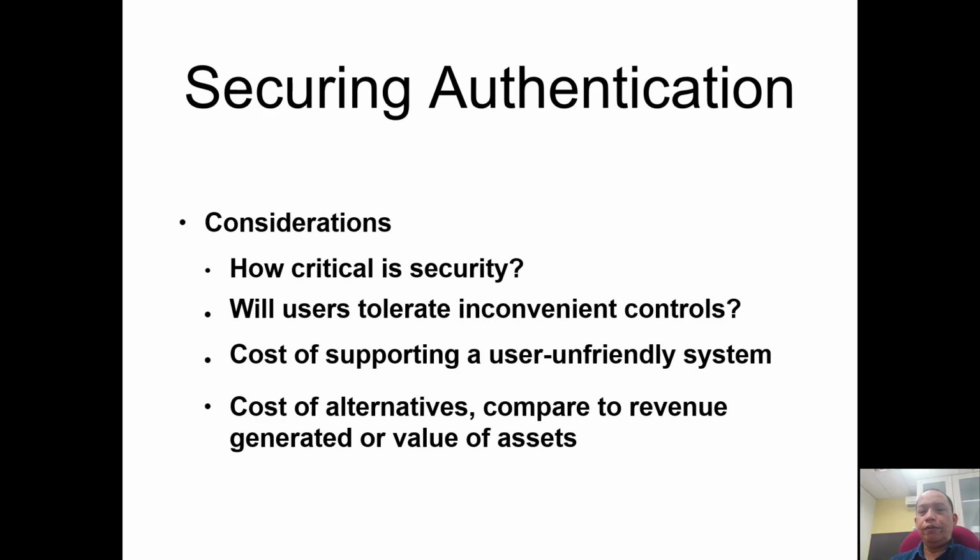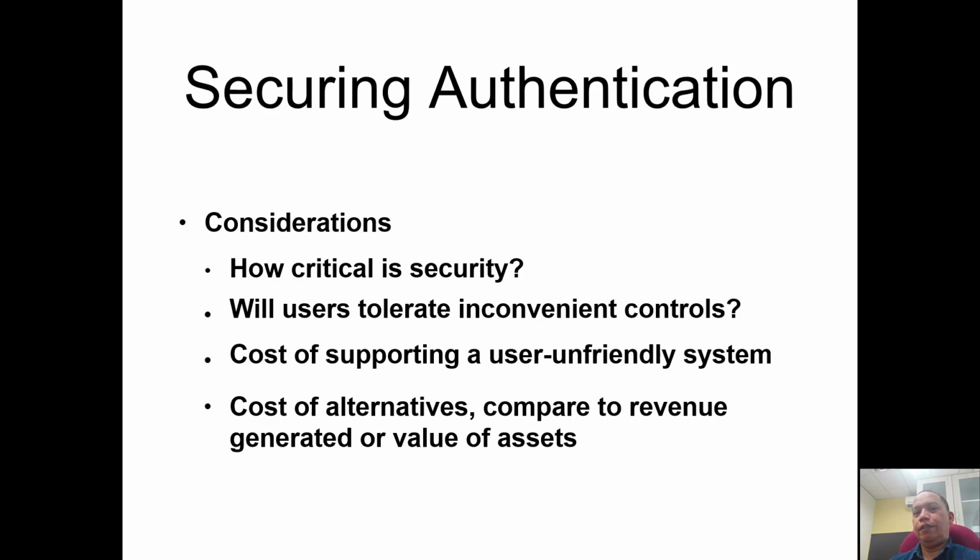Will the user tolerate inconvenient control? For us it's maybe convenient or okay. But when we need to impose multi-stage login, CAPTCHA, and then secondary or two-way authentication such as email, SMS, and token devices, some people are not comfortable with that.